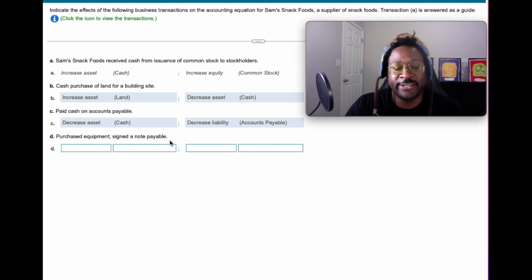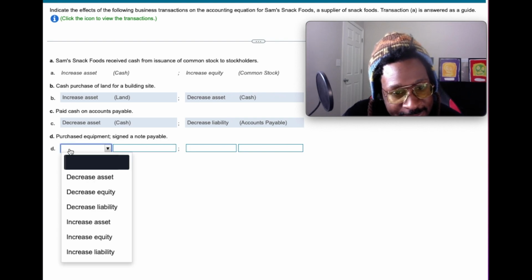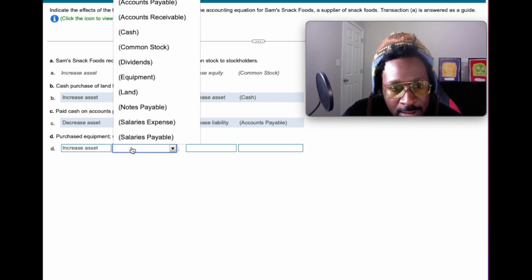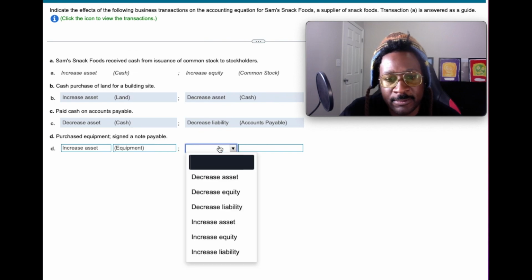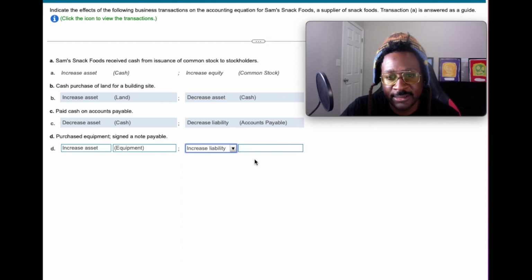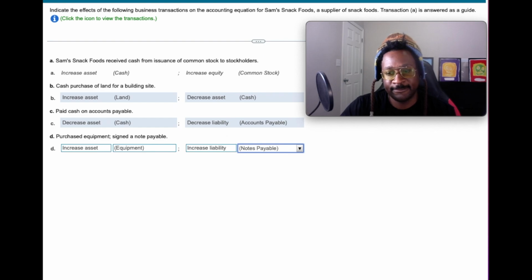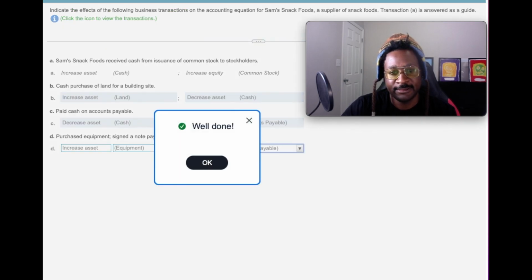Increase from this transaction. So let's see, we have an increase in the asset under our equipment account, and we have an increase in a liability under our note payable account. Check the answer. Bags all day.